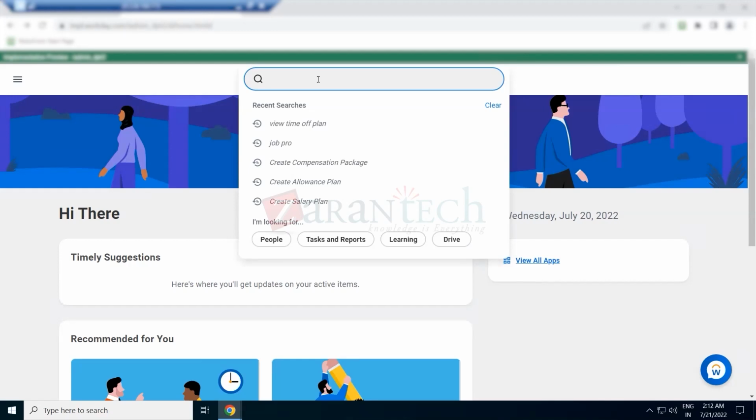They asked me a simple question: why is it necessary to bifurcate into two parts, time off and leave of absence? It's a basic question, and I actually fumbled at that point of time, not knowing what to answer.